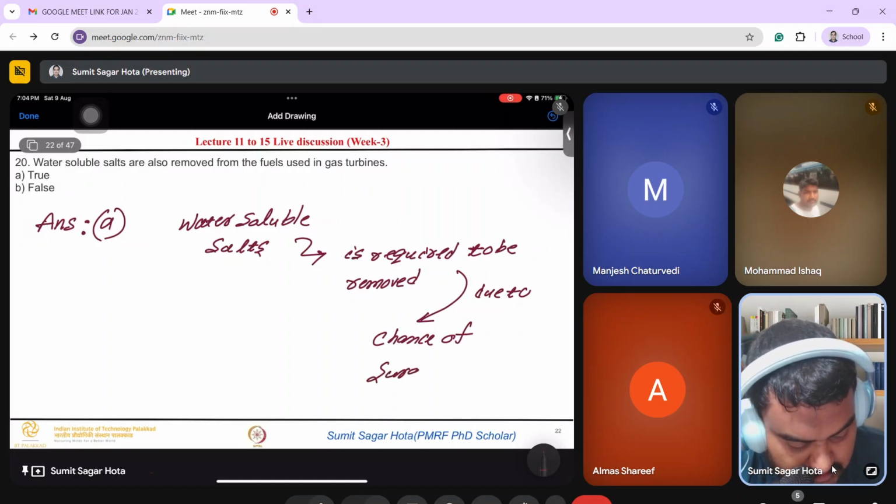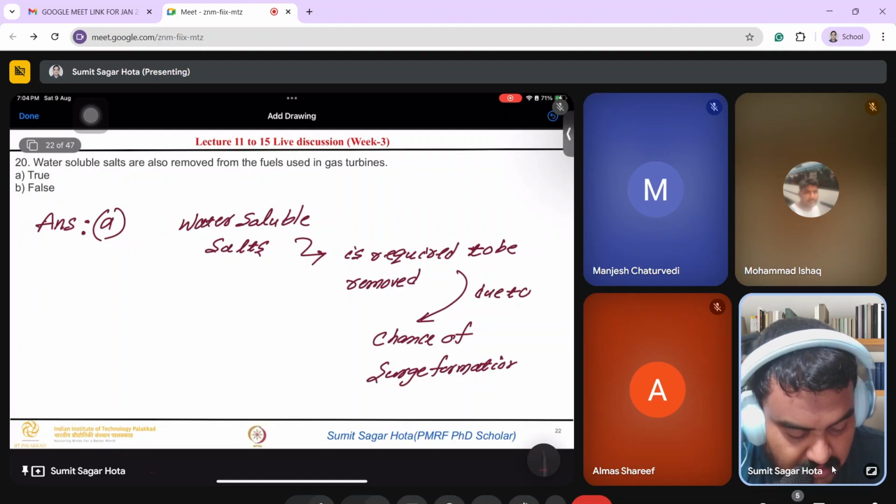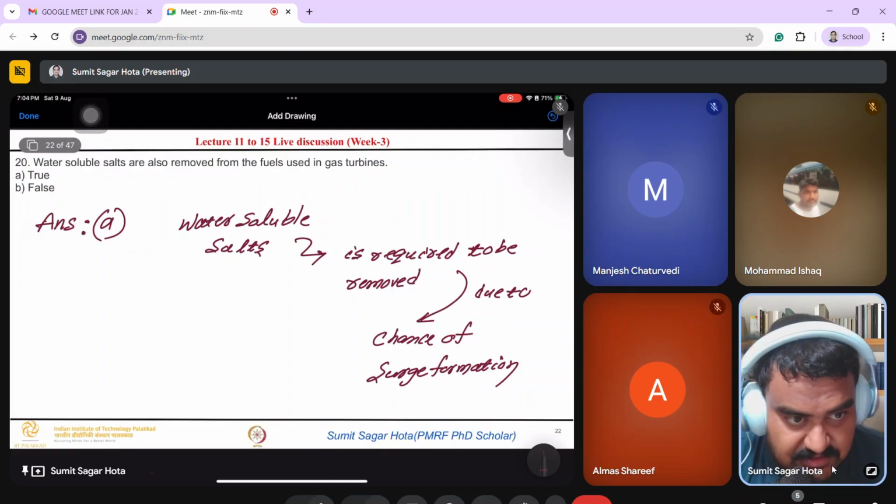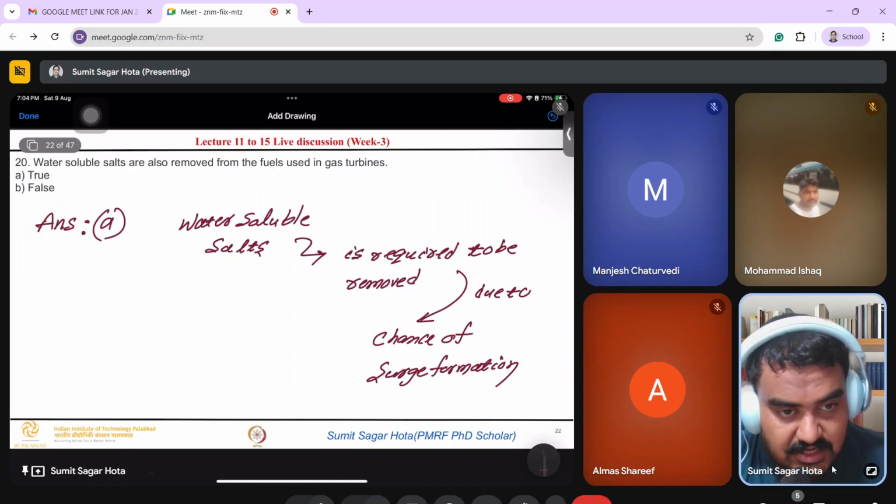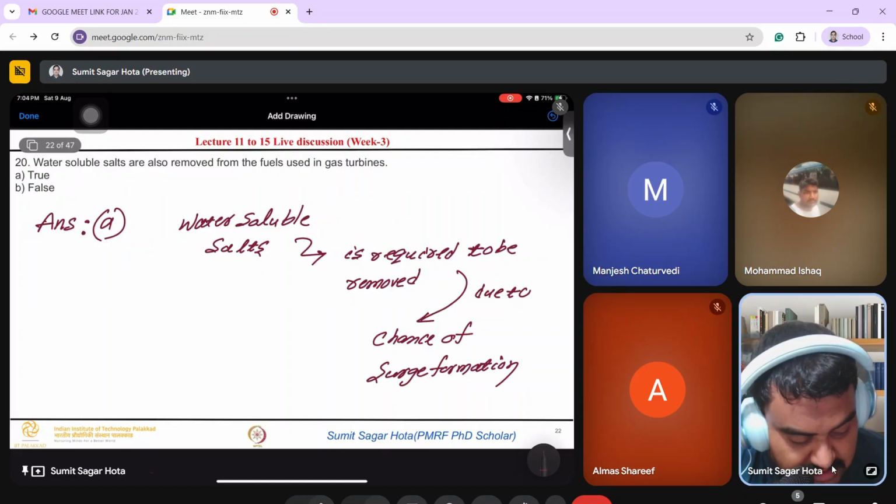Okay, which is very harmful for the engine performance, and it will damage the engine. Okay, because of the salt content, there will be rust and all these things formation, and the engine will be damaged.